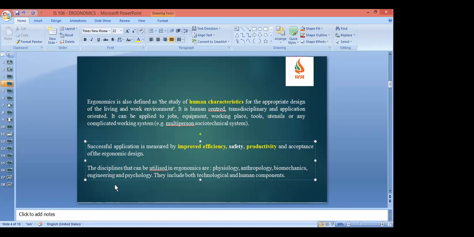Then the disciplines that can be utilized in ergonomics are physiology, anthropology, biomechanics, engineering, and psychology, and they include both technological and human components. These are the various studies they will do before designing equipment or before finalizing that a specific product or workstation is ergonomically designed.